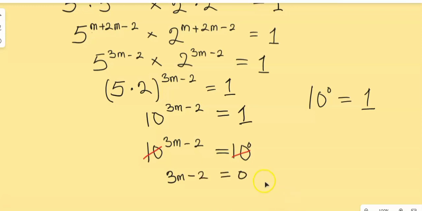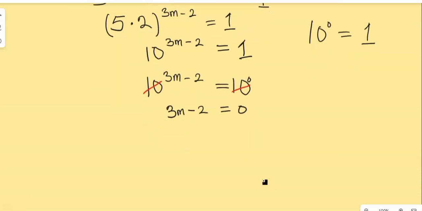Hence, we can easily find the value of m: 3m will be equal to 2, taking minus 2 to the other side. If you divide both sides by 3, we shall have m equal to 2 over 3, which is our final answer.